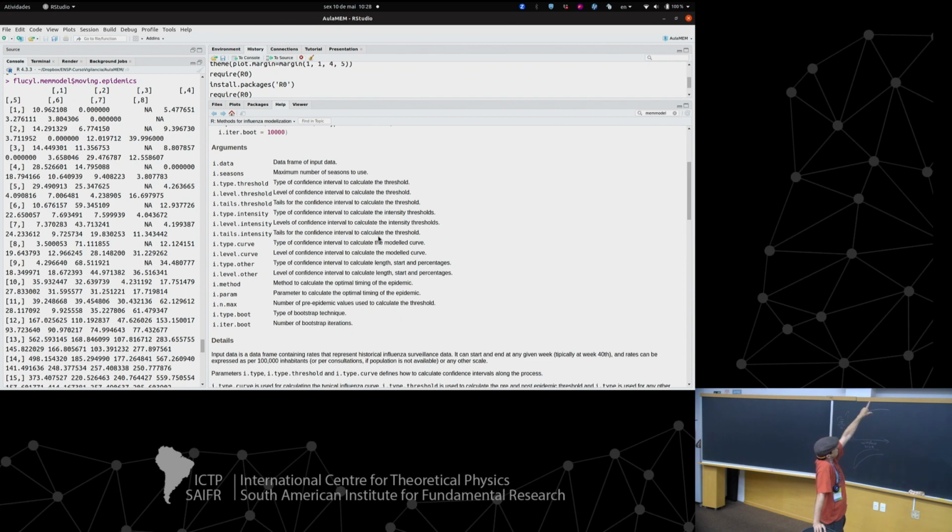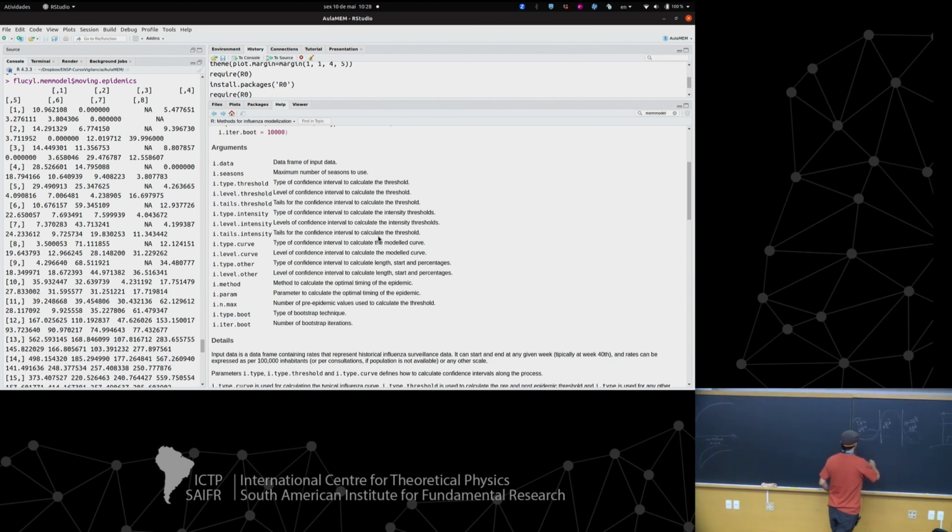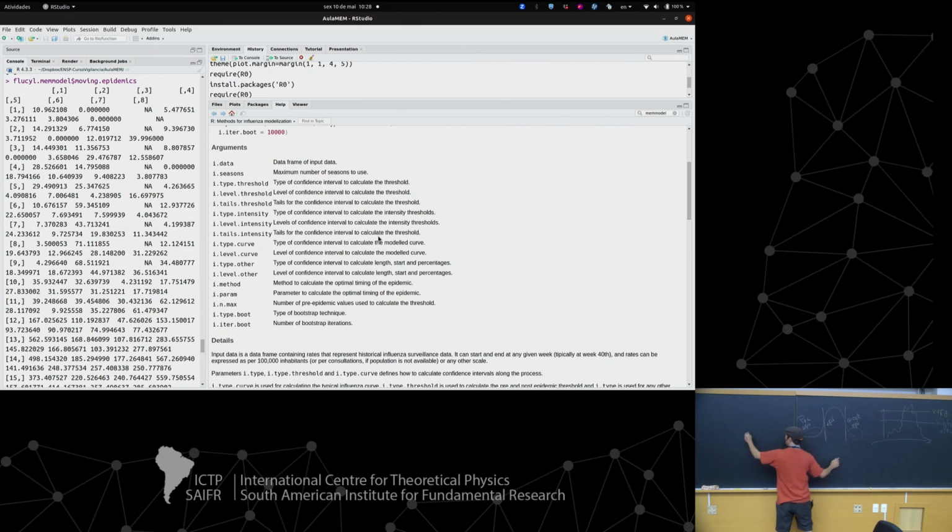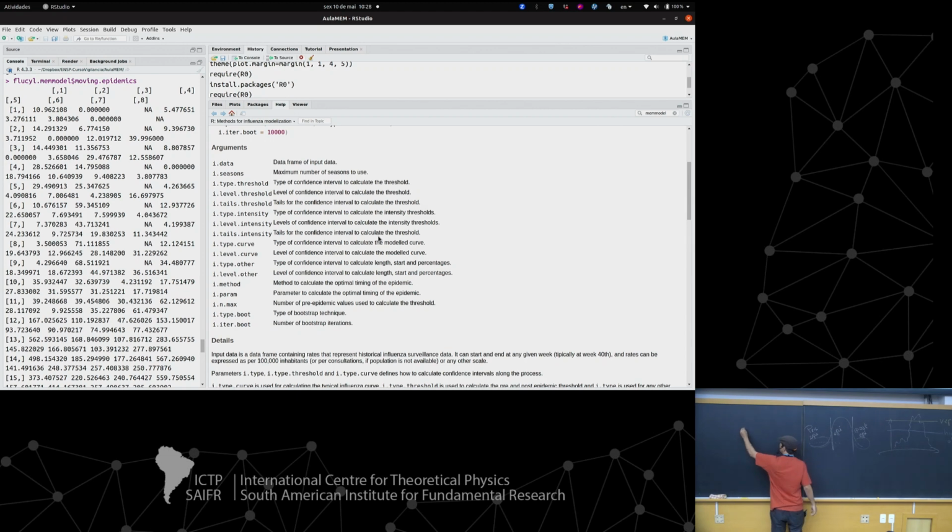The level threshold is, again, the confidence interval that I want to use for the pre-epidemic threshold and for the post-epidemic threshold, because remember, I will have a distribution of observations, right?